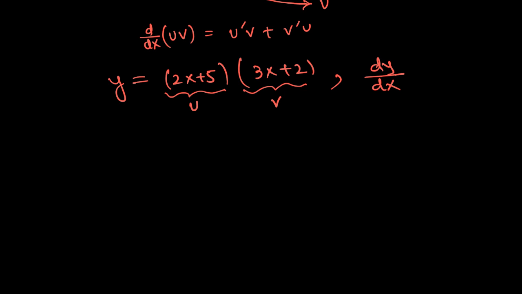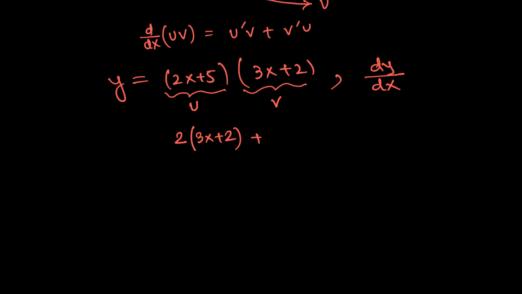So we can say that the derivative would be u prime v plus v prime u, and u prime is basically the derivative of this. So the derivative of 2x plus 5 is 2, and you multiply v with that, so it's going to be 3x plus 2. Then you add the derivative of v and multiply u.